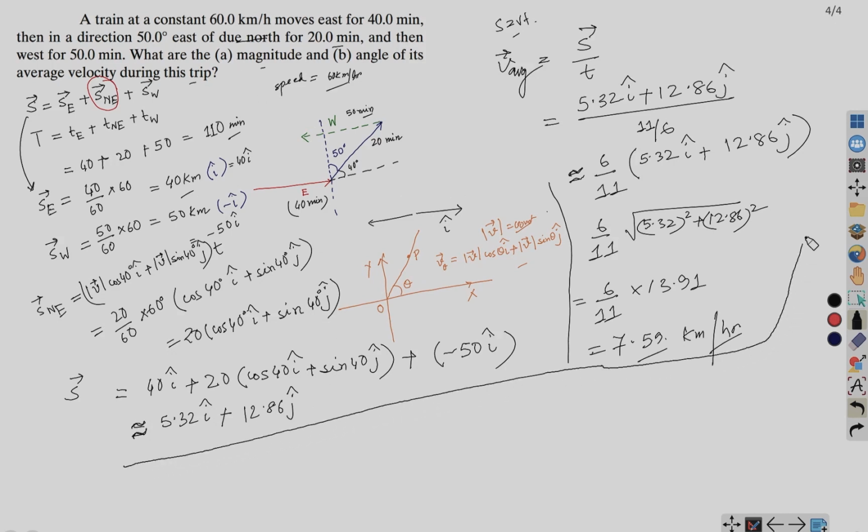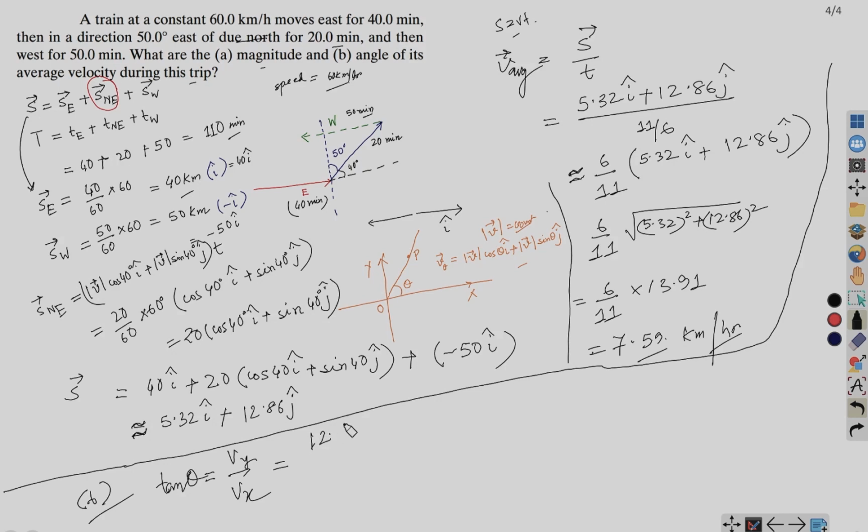And we have another part here, part B. What is the angle of its average velocity during this trip? With this formula we know tan theta is Vy by Vx, the component of the velocity along the y-axis and the component along the x-axis, which we already have here: 12.86 upon 5.32.